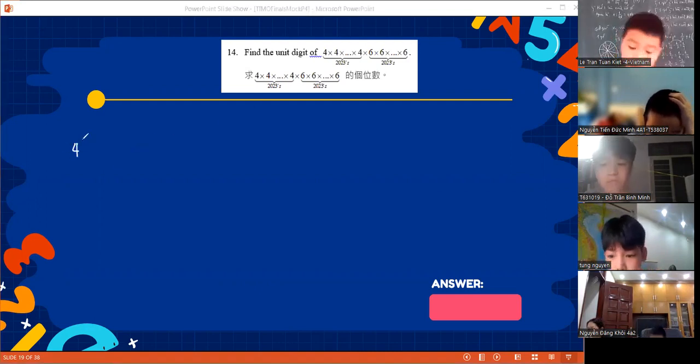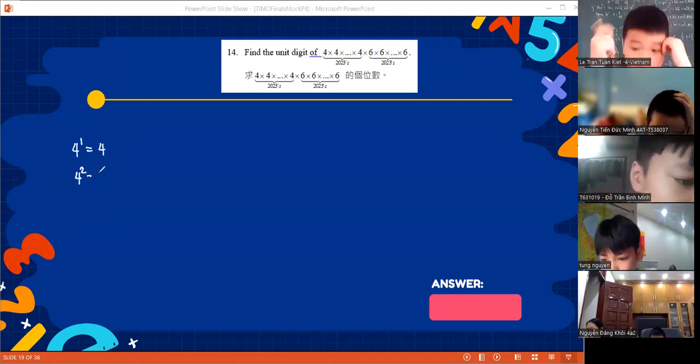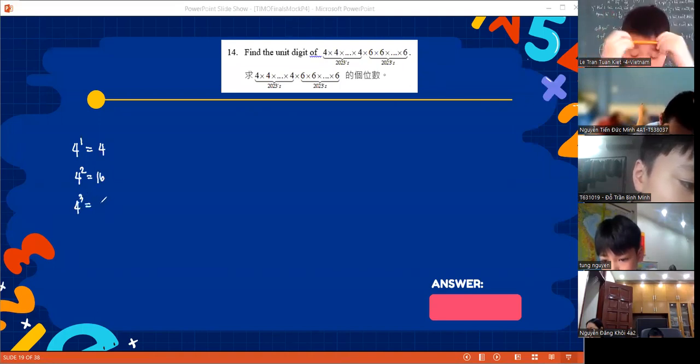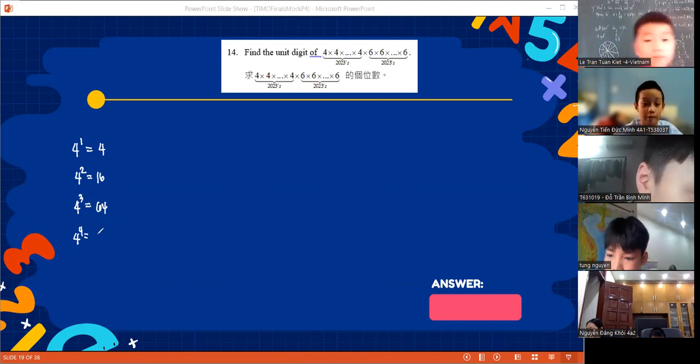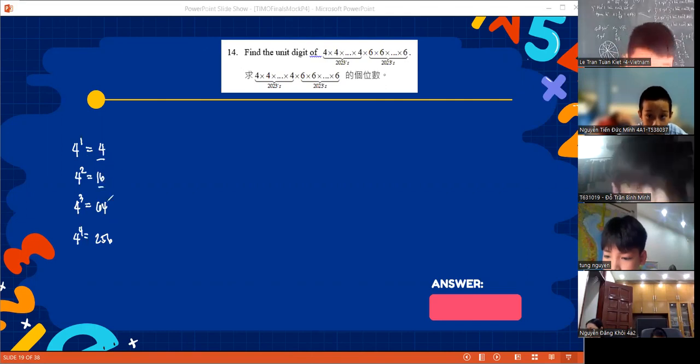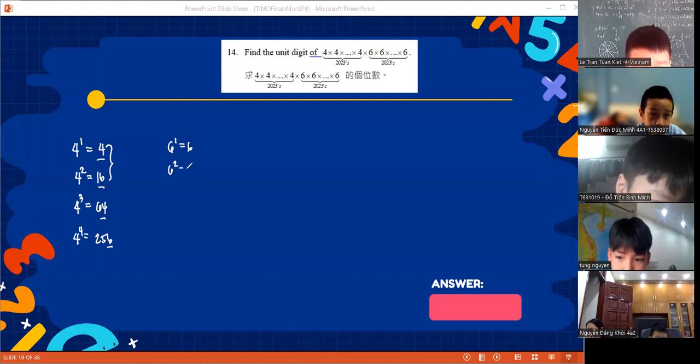For 4 raised to 1, that's equal to 4. 4 raised to 2, that would be equal to 16. 4 raised to 3 would be equal to 64. Then 4 raised to 4 would be equal to 256. So what's the pattern? It's kind of repeating of 4, 6, 4, 6. So the pattern is repeating of 4 and 6. How about 6? 6 raised to 1 is 6. 6 raised to 2 is 36. It's always 6, right?